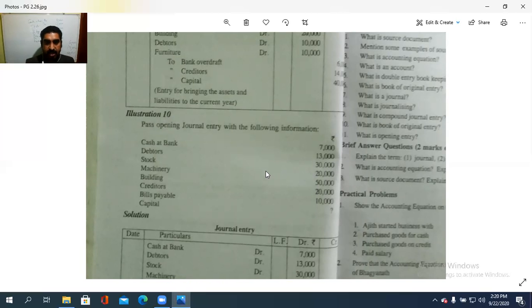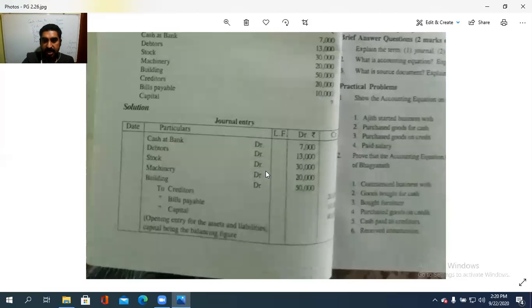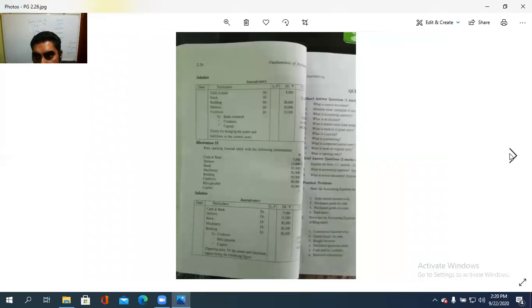See, capital here 20 plus 10, 30 is the capital liability item, and then 13 plus 7, 20 plus 30, 50 plus 20, 70 plus 50, 120. 120 minus 30, it is 90,000. See, the capital is to be calculated like this. Then we will do one more problem and then wind up the session.